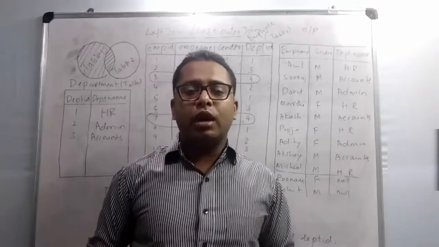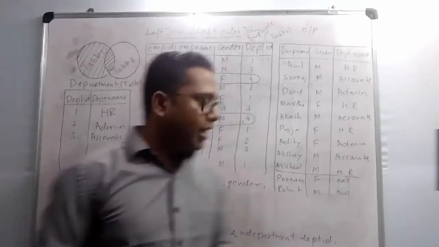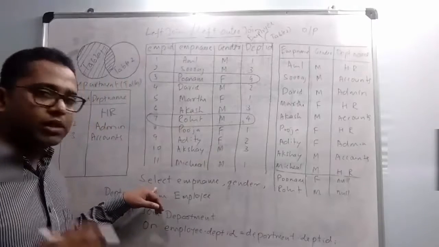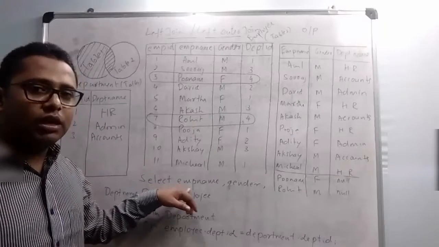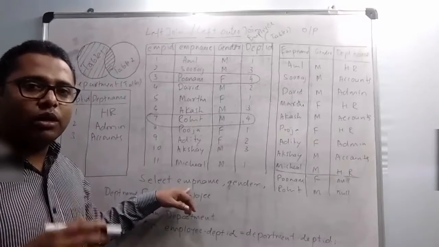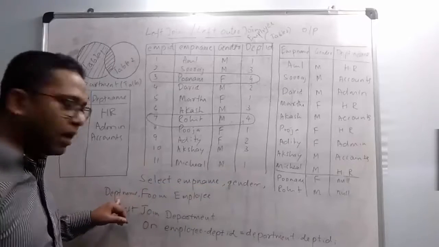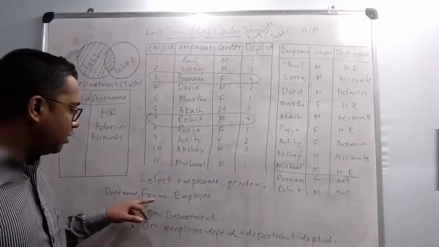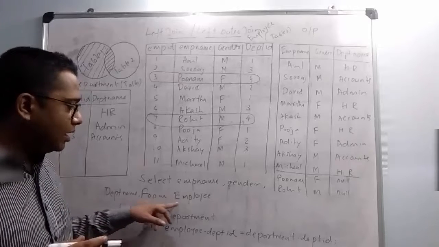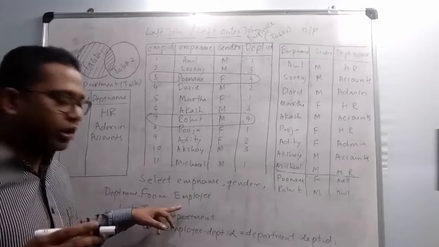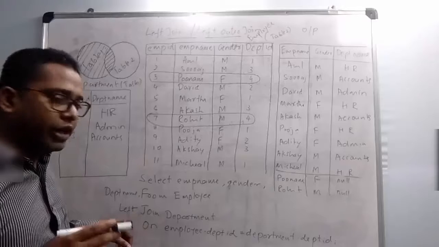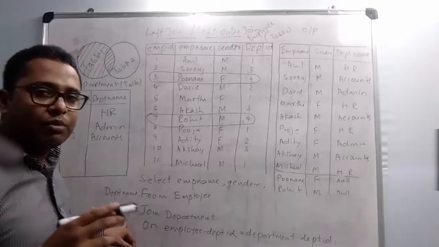For left outer join, we can write the query like this. We need to start with the select clause and then mention the fields or columns that we want in the result set. I want employee name, gender and department name. Then we use from and mention the table employee, and then the type of join we want to use.